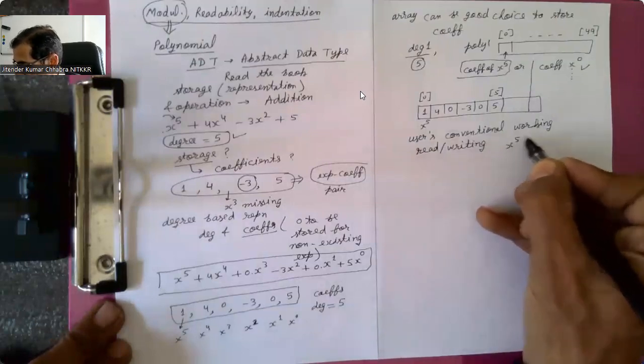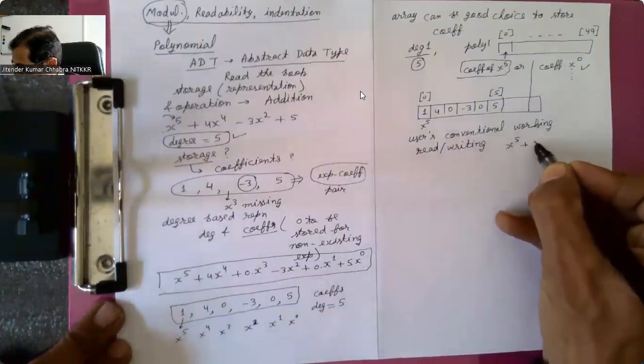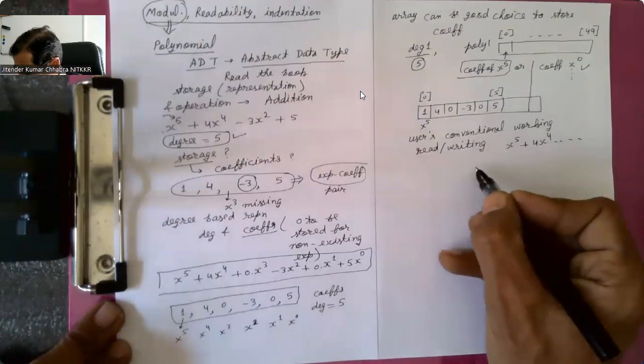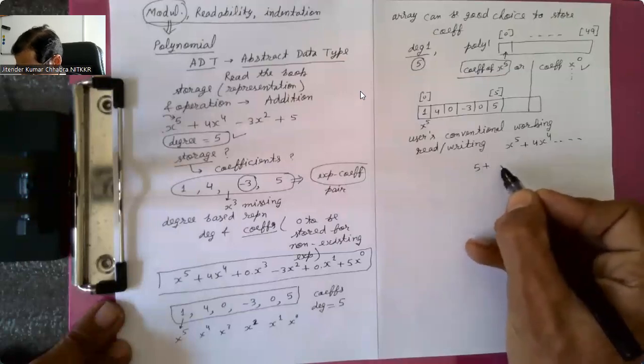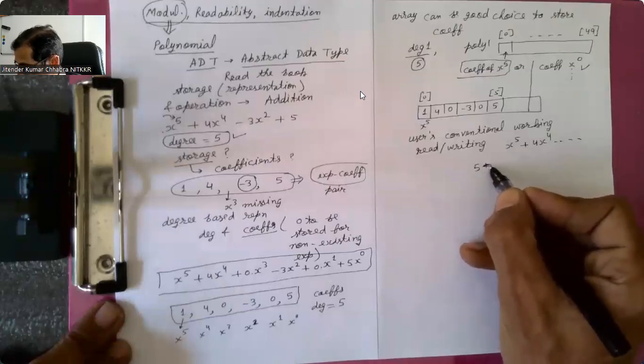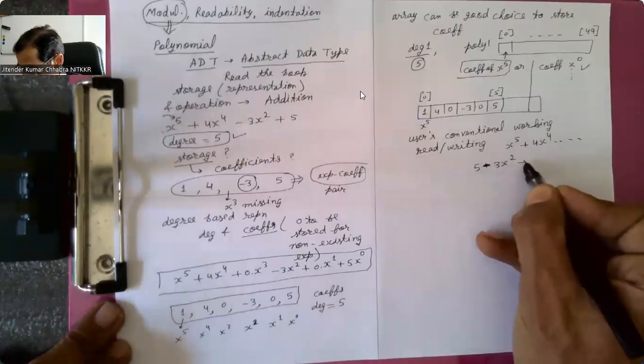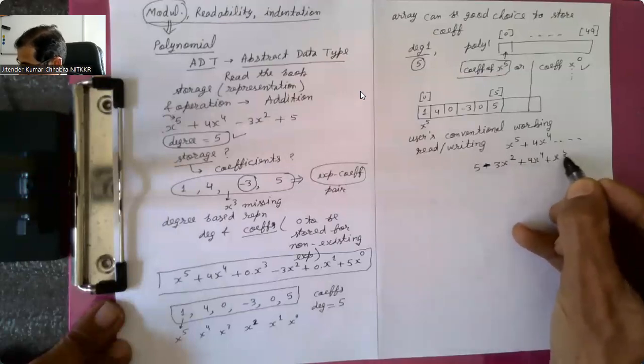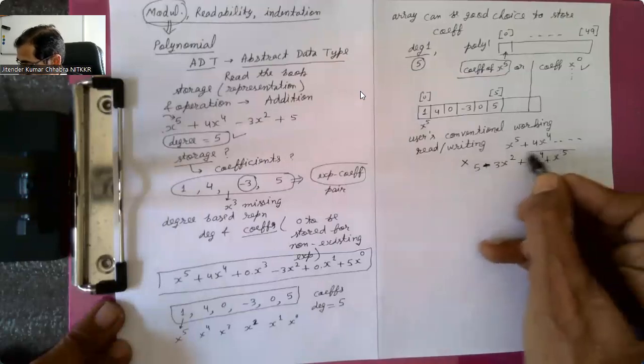My always input given or way of writing a polynomial is this, not like this: 5 minus 3x square plus 4x4 plus x5. We don't write mathematically such.